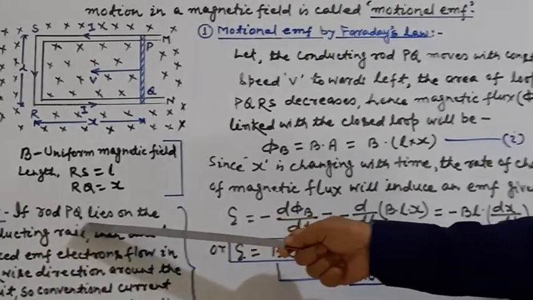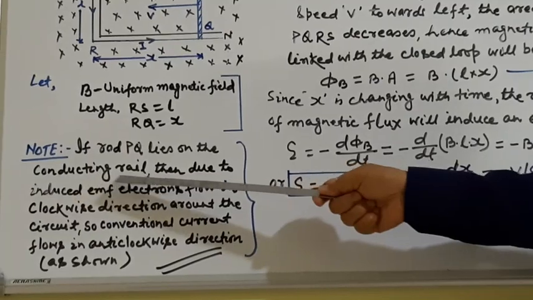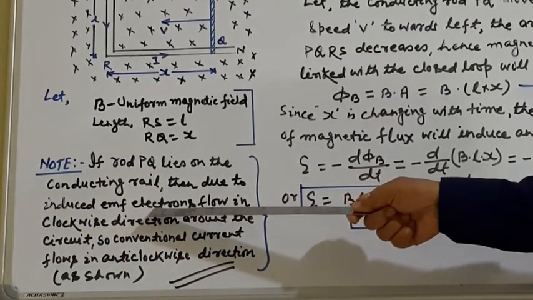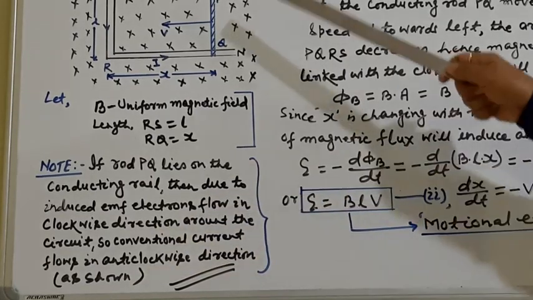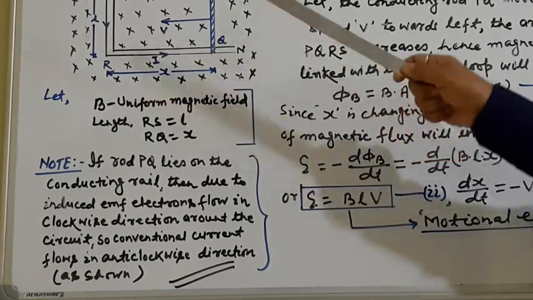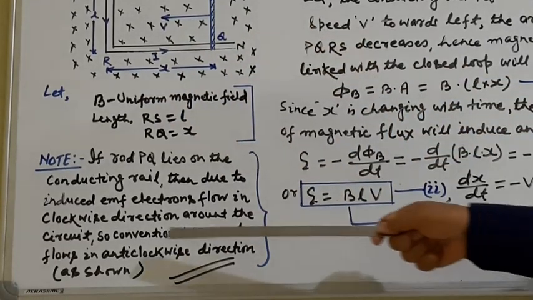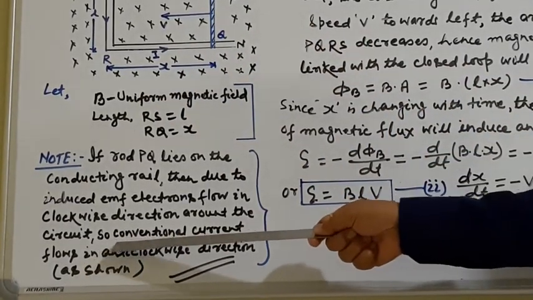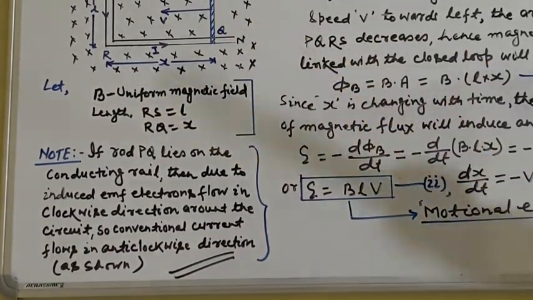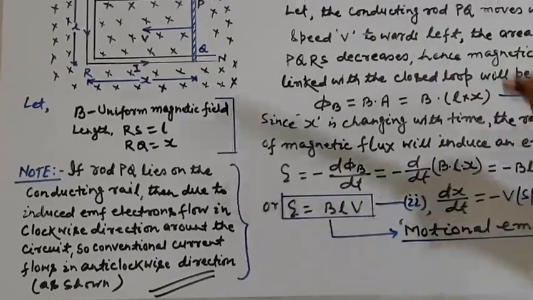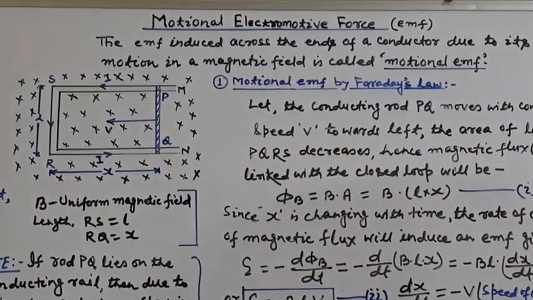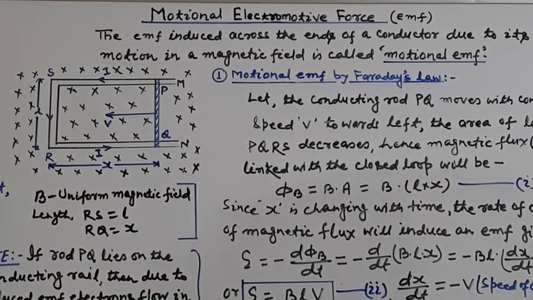If rod PQ lies on the conducting rail, then due to the induced EMF, electrons flow in the clockwise direction, opposite to the direction of current. Therefore, conventional current flows in the anti-clockwise direction. So with the help of this figure, we have obtained the expression for the induced EMF, BLV, applying Faraday's laws.